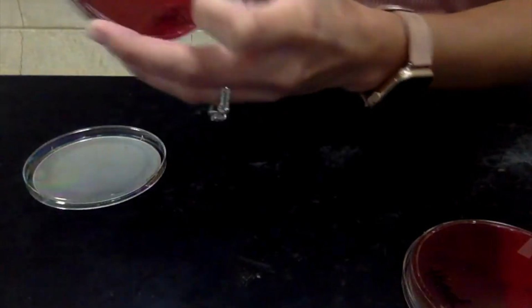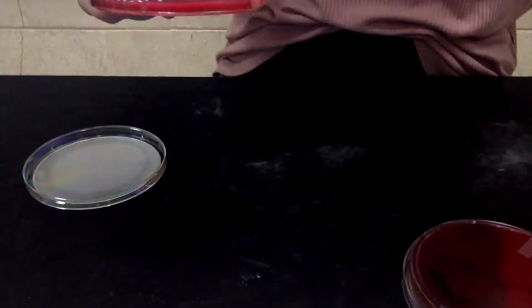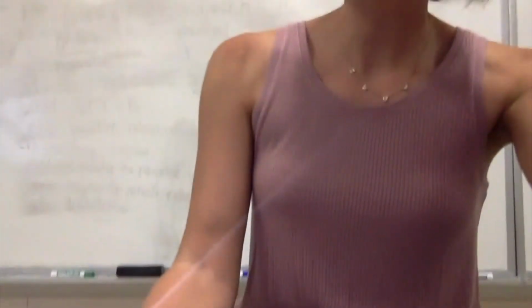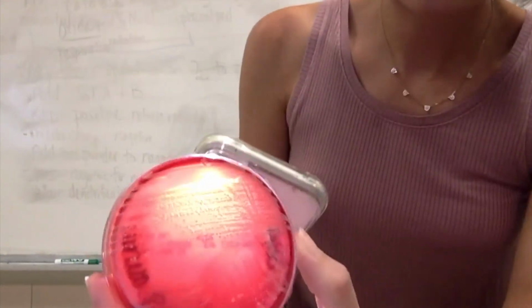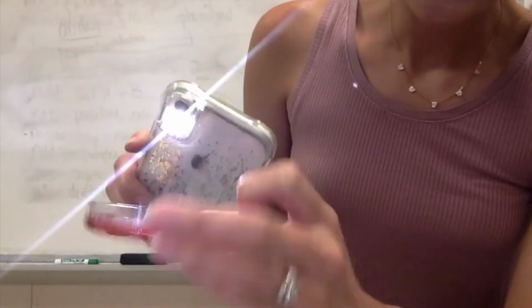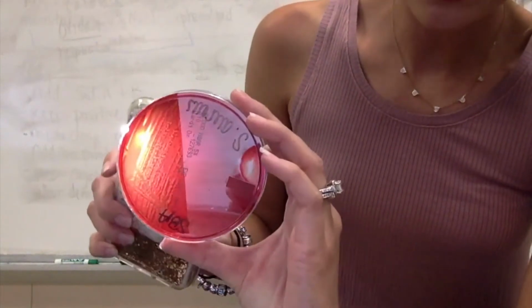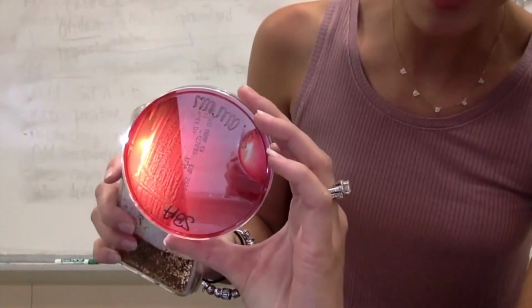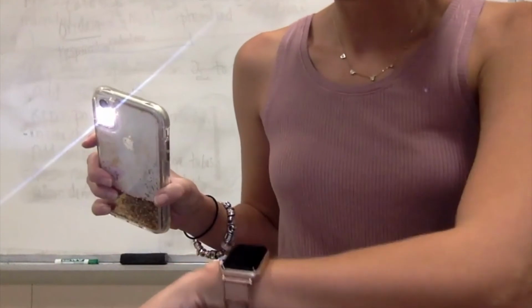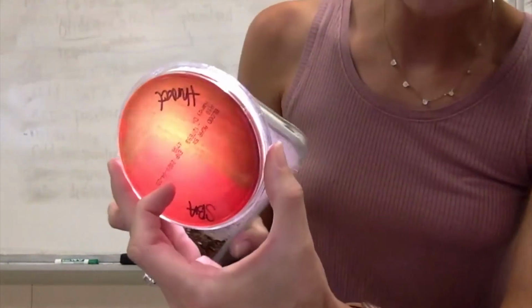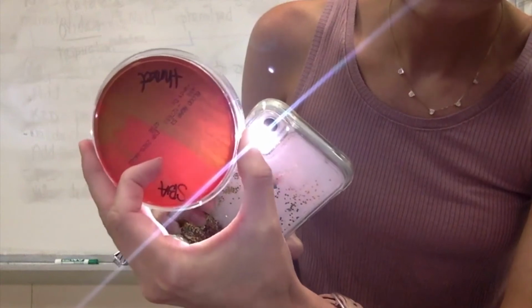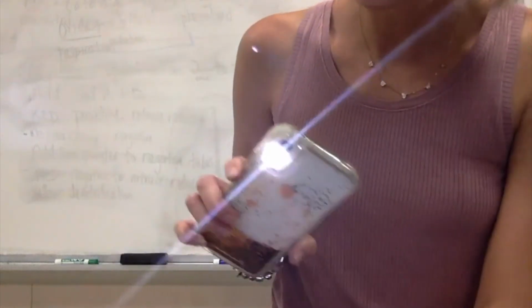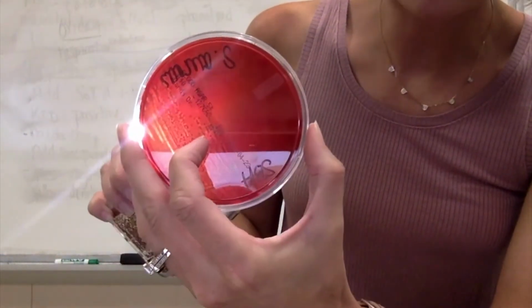So the staph is completely consuming the blood cells. Let's see if maybe it'll be easier. Okay, so I'm getting complete clearing. So this is beta hemolysis, complete clearing. And then this is alpha hemolysis, where you're getting that green color. So alpha, and then beta with the complete clearing.